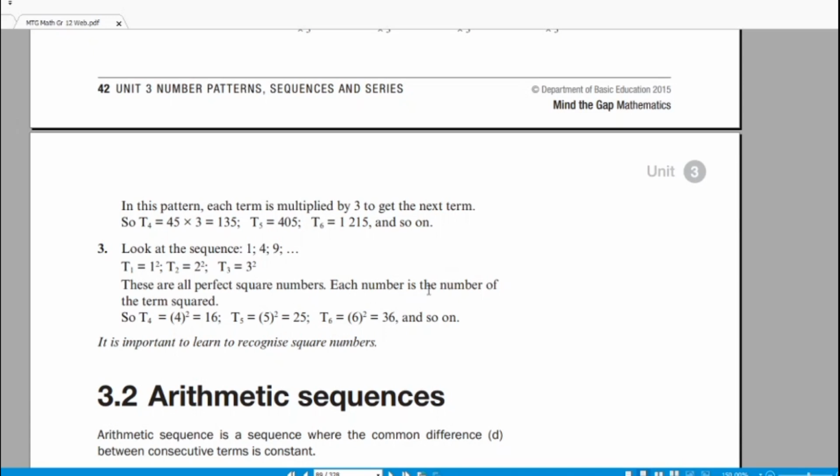Each number is the number of the term squared. So we have the sequence 1, 4, 9, and so on.